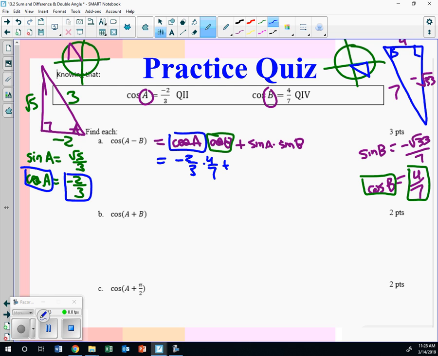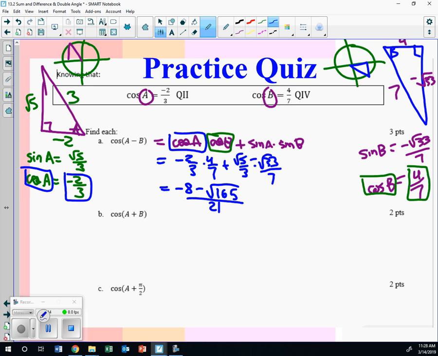Sine of A is root 5 over 3, and sine of B is right here, negative root 33 over 7. So you get negative 8 minus, well, it's 5 times 33, 165, all over 3 times 7, 21. How many got that? Any questions on that?